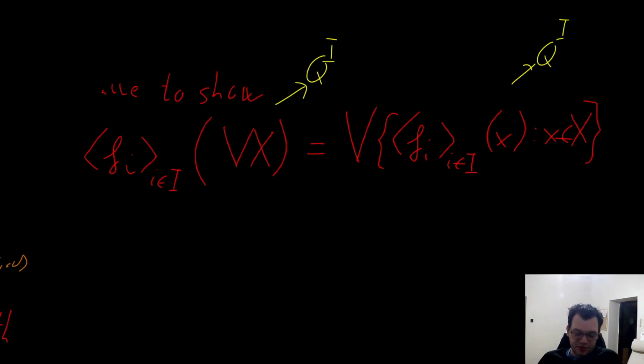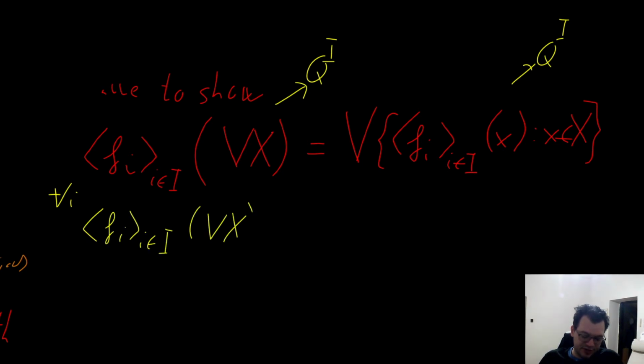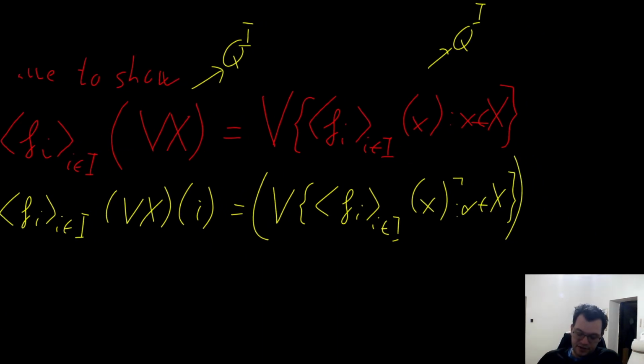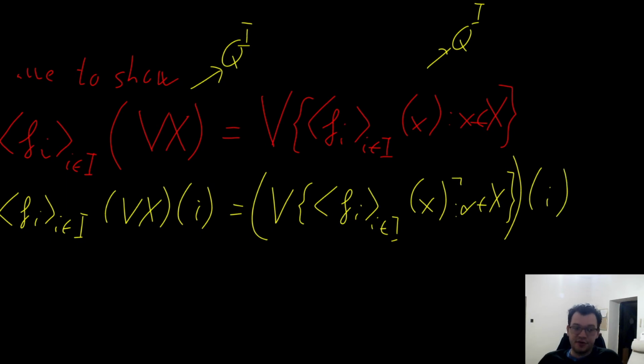So we just have to show that these coincide for each possible index I. So we have to show that the f of I, so it's the tupling function applied on the supremum, viewed on the ith coordinate, is the same as, let's compute this function, and let's view this on the ith coordinate. Okay.